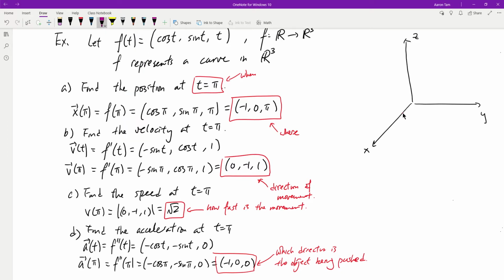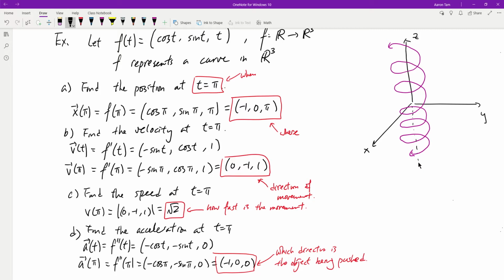It spirals upward and downward like this along the z-axis, and it just keeps on going around in a circle.